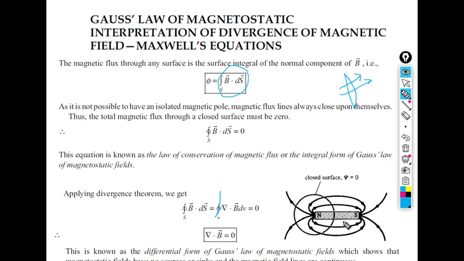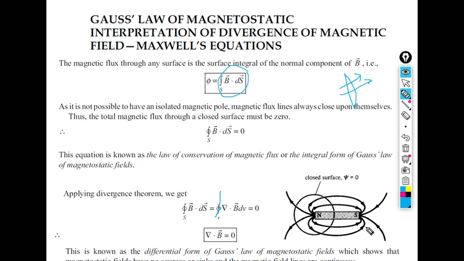Now if I take a closed surface, you can consider a ball, or a current carrying conductor, then you can see the magnetic flux forms closed lines. So the closed surface integral of B dot ds is equal to 0.